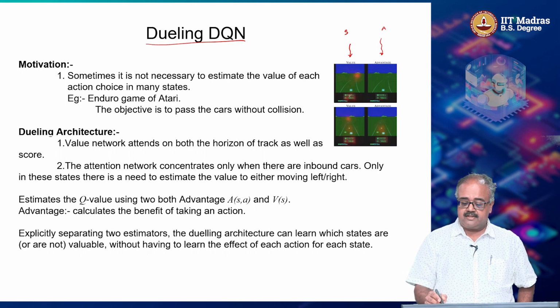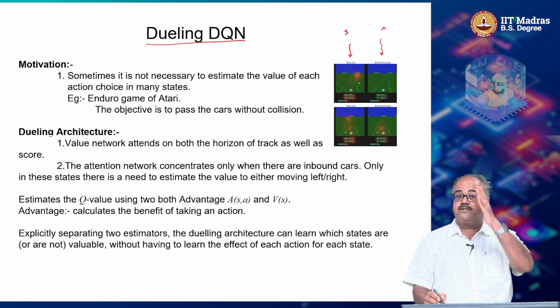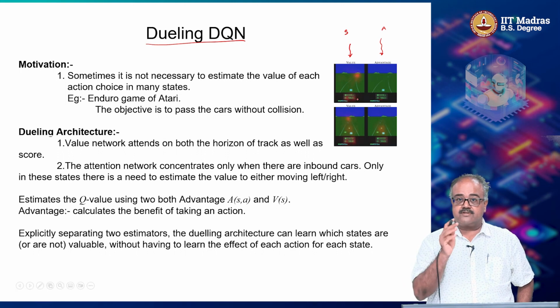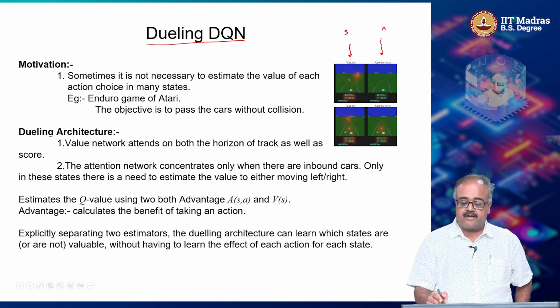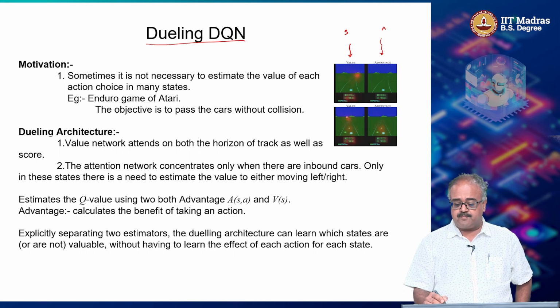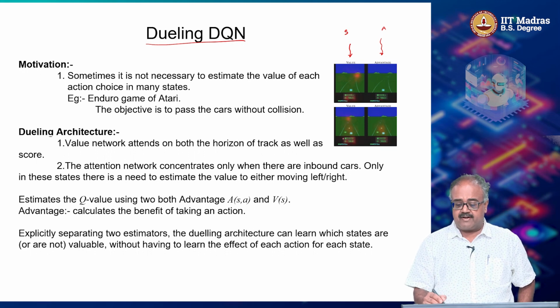While here, the value network is paying a little bit of attention to the score, but a lot of attention to the horizon, because you really need to know how far away the horizon is and the vehicles in the horizon, things like so. That's more important, and therefore the value network is paying attention to that. On the other hand, if you come to this situation, right, the value network does pay attention to the horizon, but also pays a little bit of attention to the cars nearby and of course to the score.